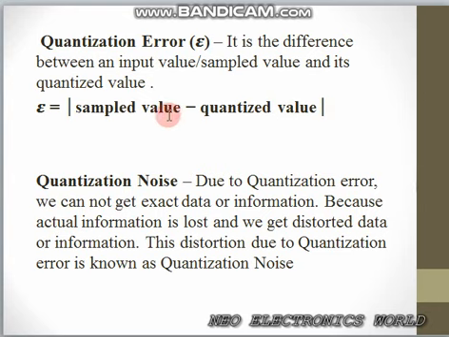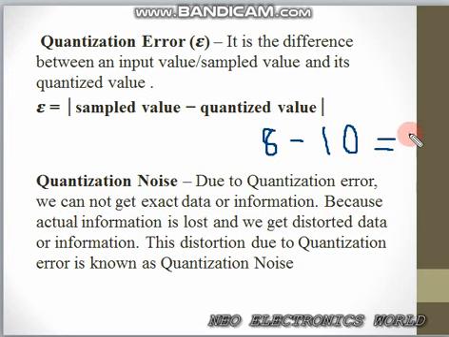If the sampled value is 5 and the quantized value is 4, what will be the quantization error? 5 minus 4, which is 1. If the sampled value is 8 and the quantized value is 10, then what is epsilon, that is, the quantization error?